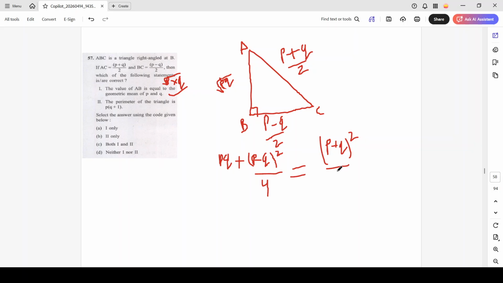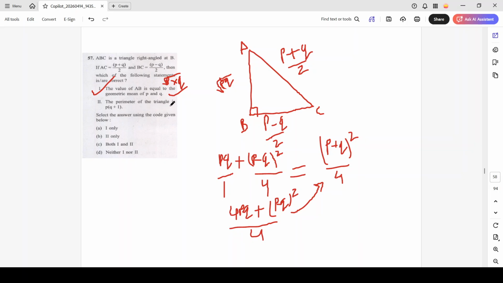Okay, so taking 4 as the common LCM, at the top we will get 4PQ and P minus Q whole square, and we closely see that P minus Q whole square plus 4PQ becomes P plus Q whole square. That means our assumption of statement 1 is correct. That means statement 1 is correct.